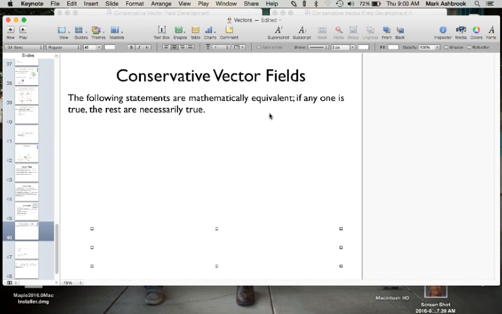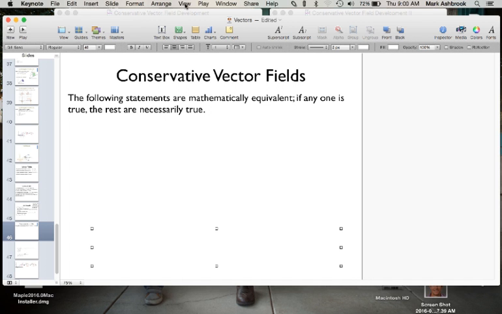Just because one circulation integral looks like 0 by no means proves it's conservative. Every single one has to be 0. So you can't prove it by looking at one or two or three paths, because a proof would be checking every single one, which is impossible.